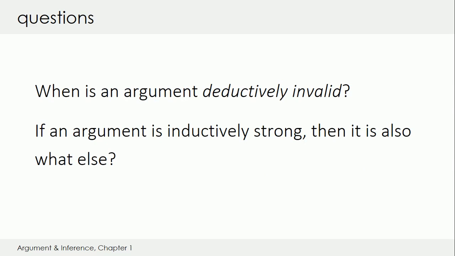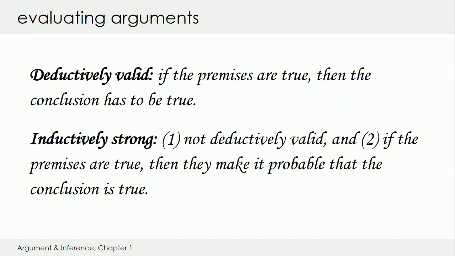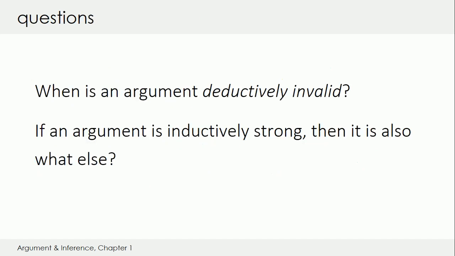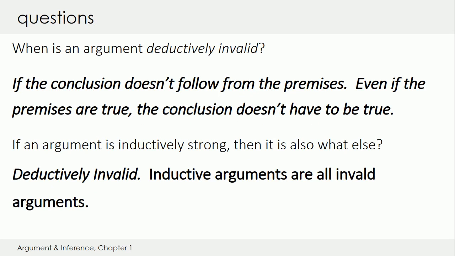So, when is an argument deductively invalid? If an argument is inductively strong, then it is also what else? Think about it for a second. All right. So yeah, if the conclusion doesn't follow from the premises, so even if the premises are true, the conclusion doesn't have to be true. So truth is independent of the structure.